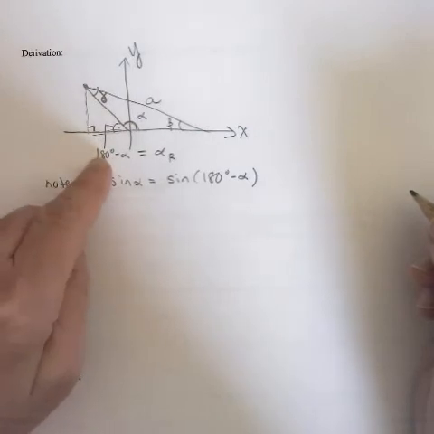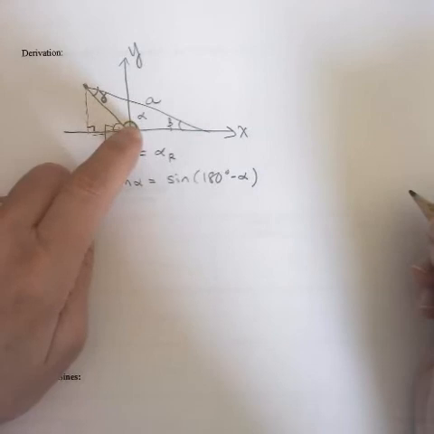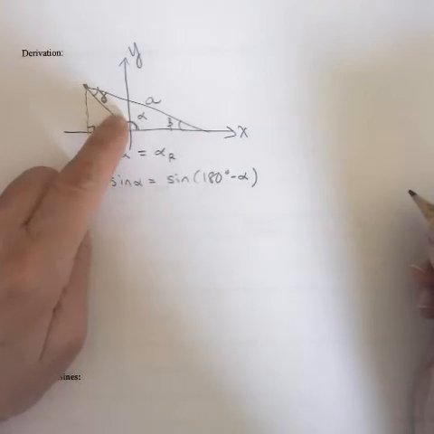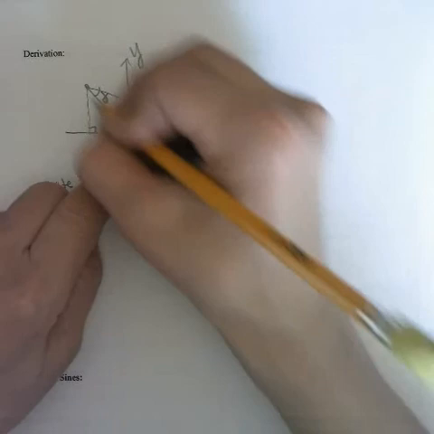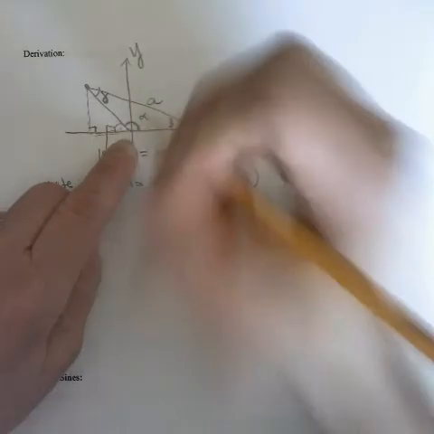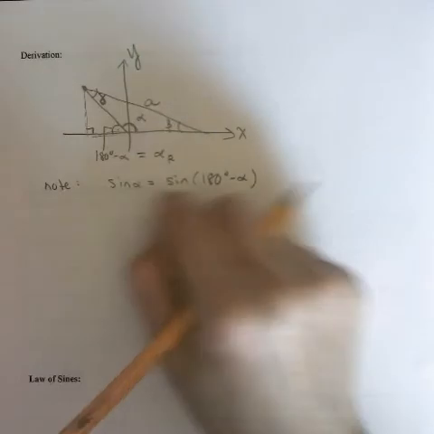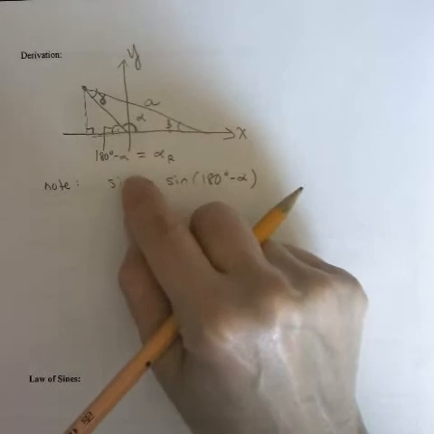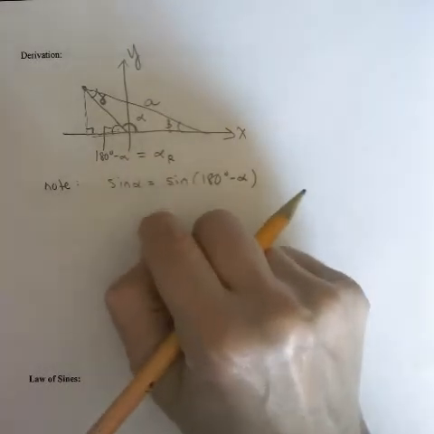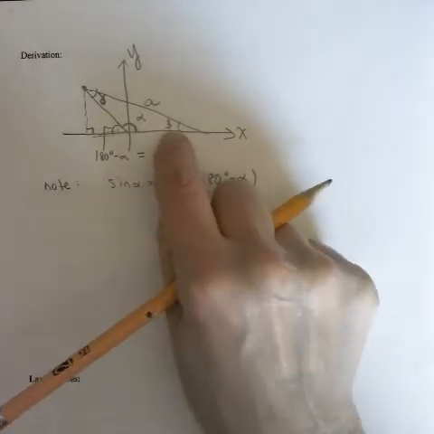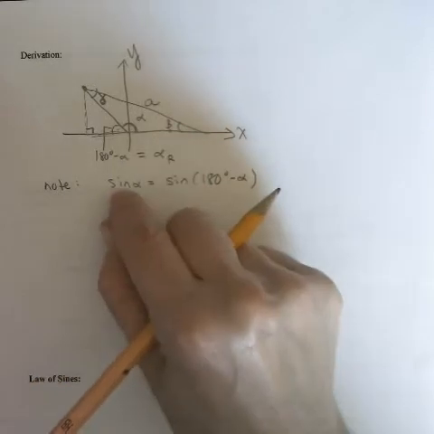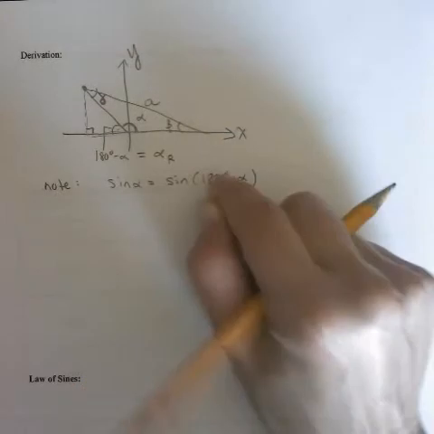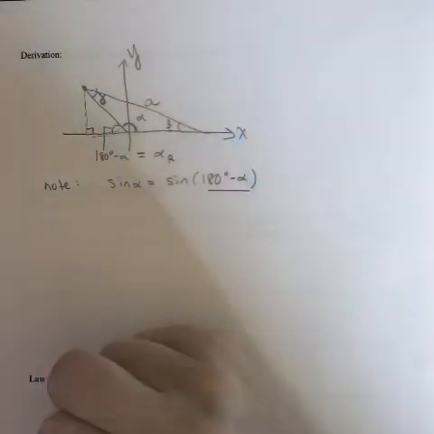This angle is obtuse, but the sine is also positive because it's in standard position and lies in quadrant 2. Okay, so now we're going to find the sine of beta and the sine of alpha, but using the fact that it equals the sine of the reference angle.